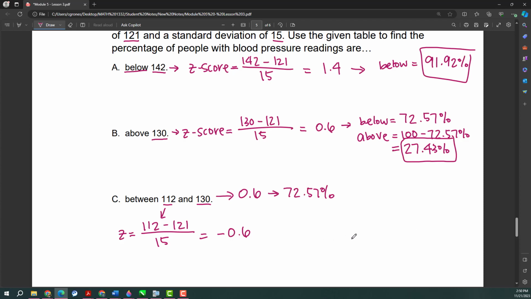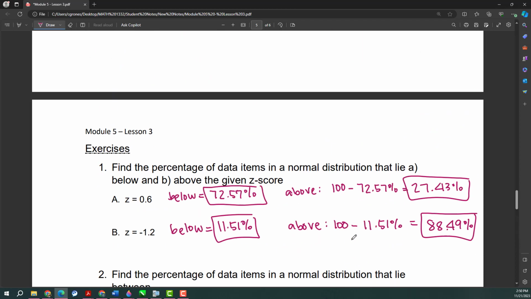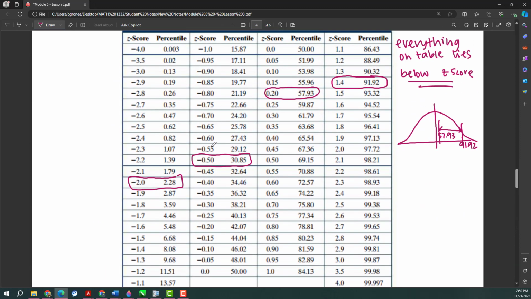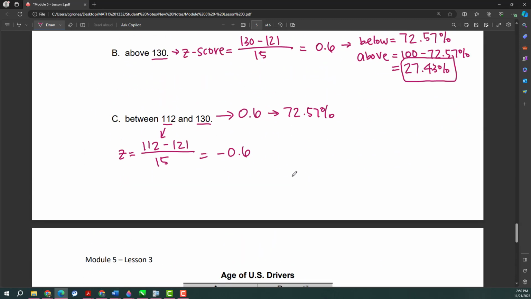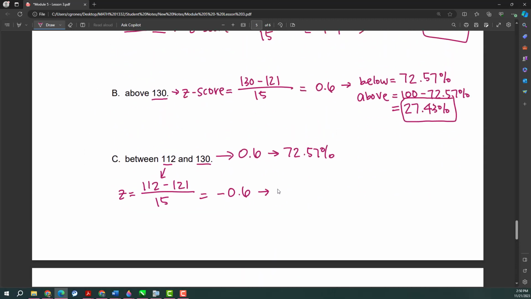So if we look at negative 0.6, that is 27.43%. So whenever we want to find what is between, we have to subtract 72.57 minus 27.43, and we should get 45.14%.